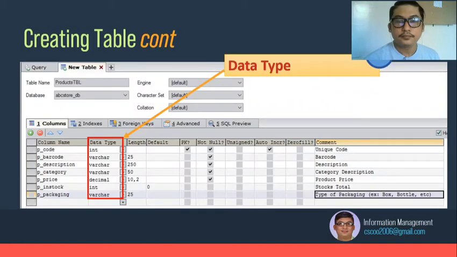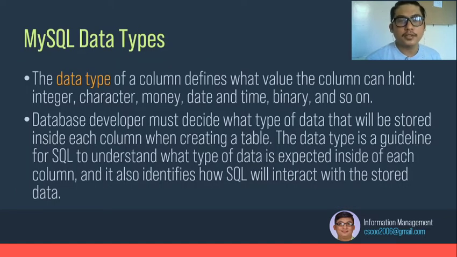Next, let us focus on data types. So what is a data type? In MySQL, the data type of a column defines what value the column can hold. So aside from defining the column, you must also identify the specific data type that is appropriate to that particular column.